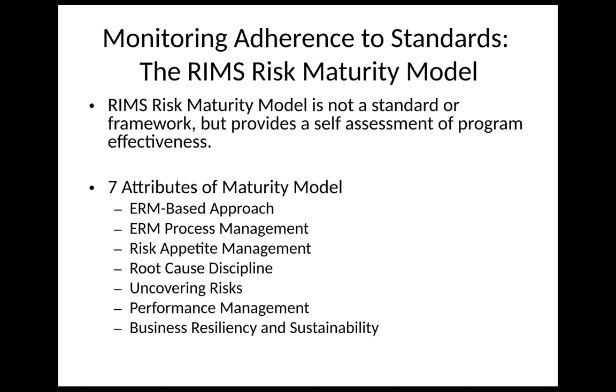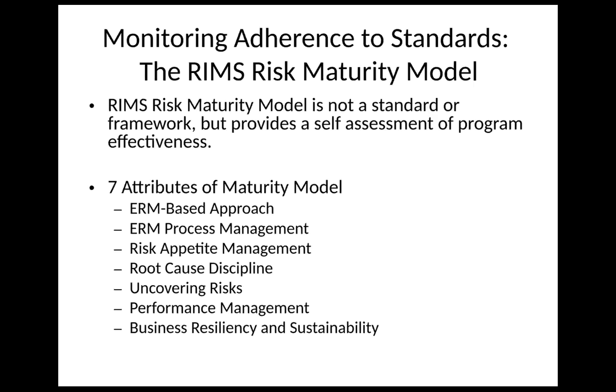That's holistic: you have processes and management, risk appetite management, and root cause discipline, so you're always looking for root causes. How do you uncover risks? And there's performance management and business resiliency and sustainability. So the idea is, does your program help address these various issues? Does it have some means to show your maturity, for example, are you good at uncovering risk?